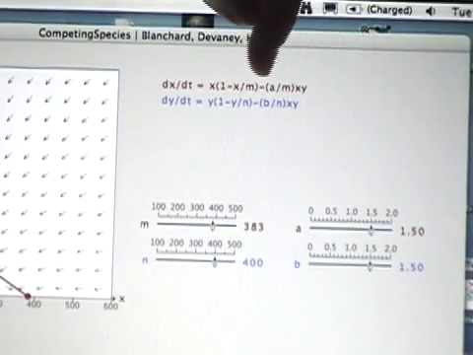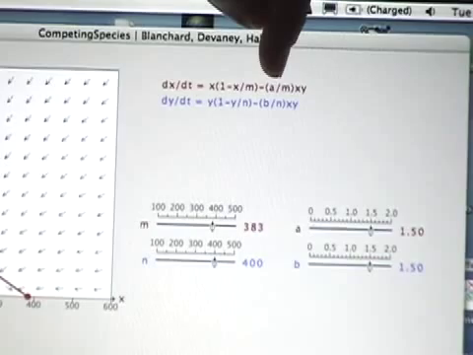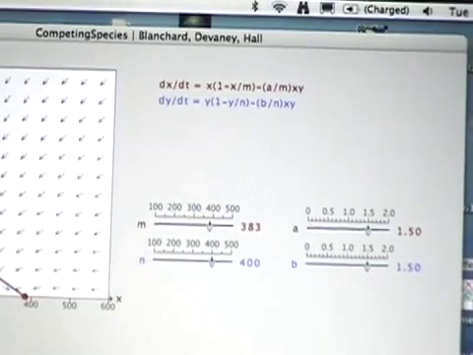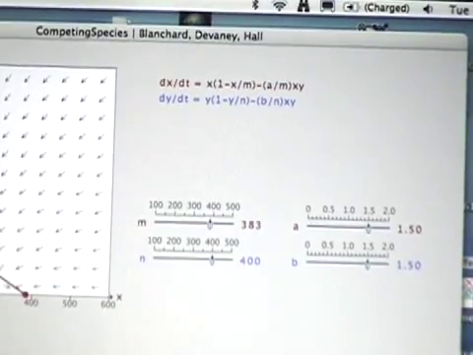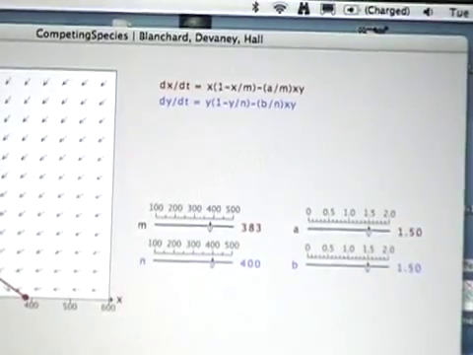But we do have interaction terms that account for the presence of the other species, and they both have negative signs in front of them. The presence of the other species is bad for either species. The presence of y is bad for x, and the presence of x is bad for y.